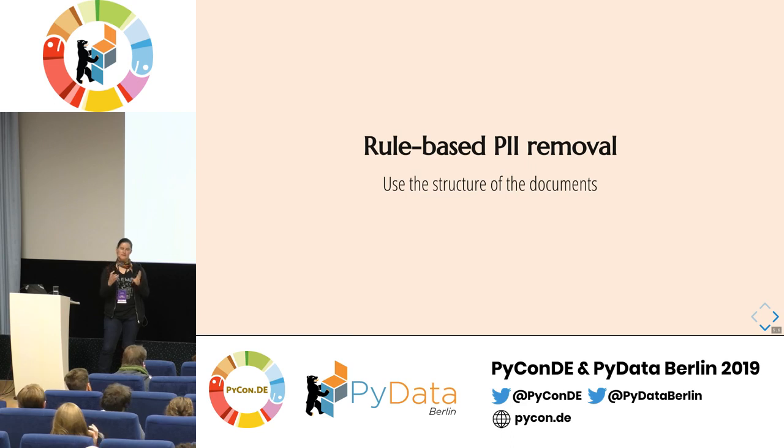You get some sort of structure. Anything following "email:" and then a token is probably an email address. I mean, in a form, you probably fill in your email address. So you can use this underlying structure, try to extract it with regular expressions, and then remove the associated personal information.